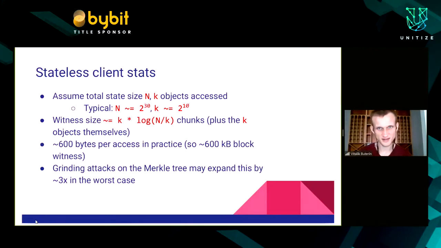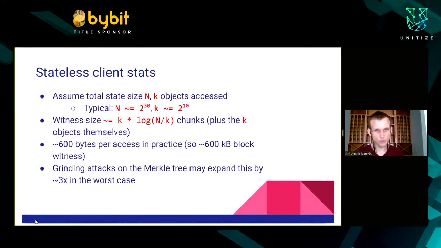The witness size, so the size of the Merkle branches for all K of these objects, is roughly the objects themselves plus these Merkle branches that have K times log of N over K chunks, right? If you're just proving one chunk, so if K equals 1, then the witness size is a log N chunk, where a chunk just means a hash, so it's 32 bytes.